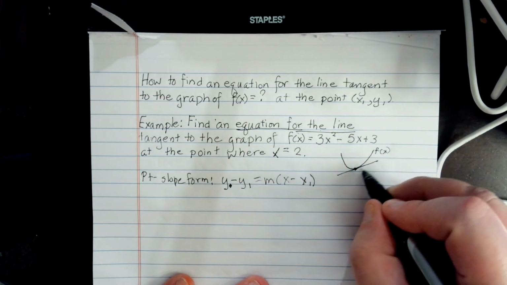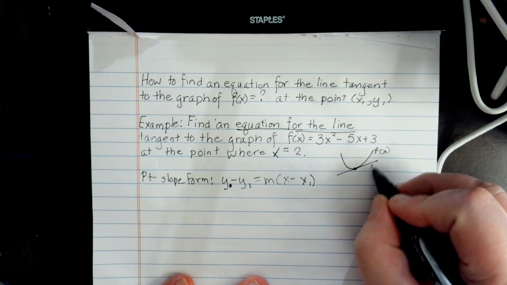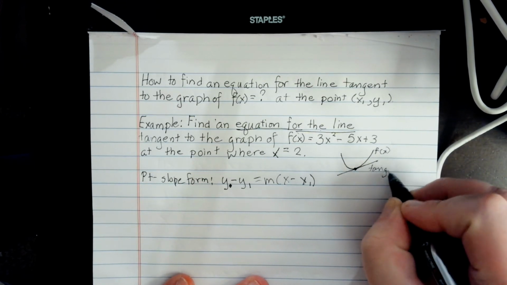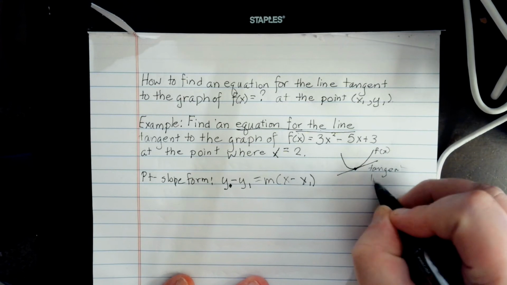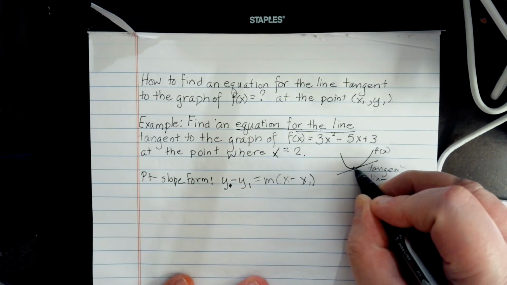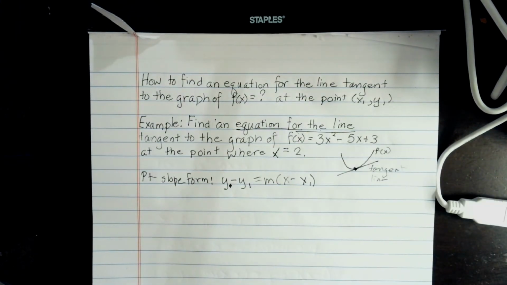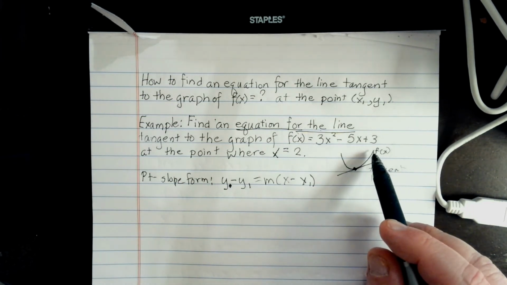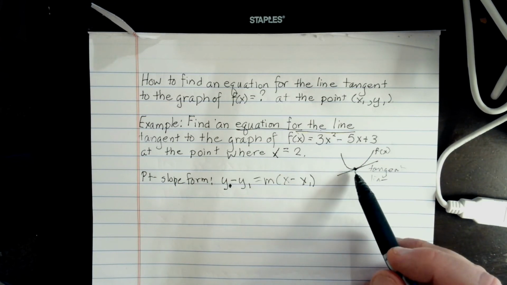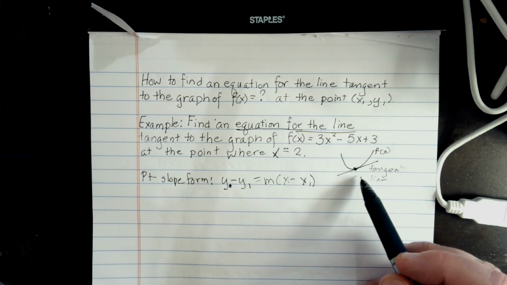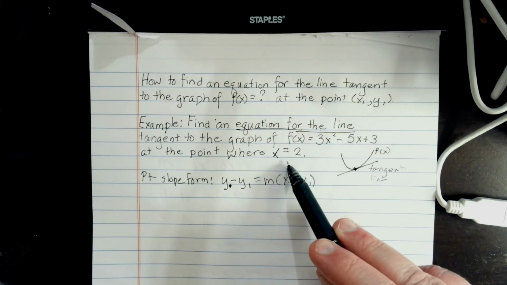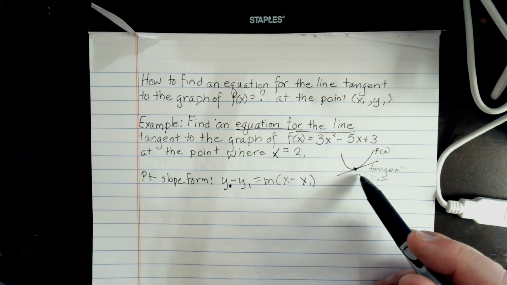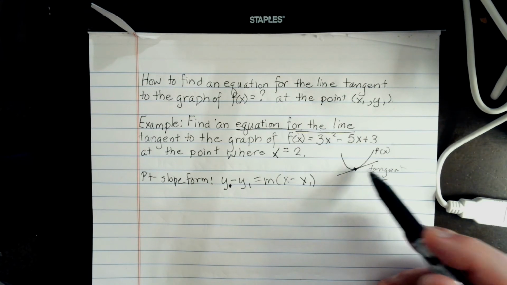You'll have a graph f of x, and then here is the tangent line at this point. This tangent line and the function share a point. They may share more than one point, but in our case, I've told you that the x-coordinate of the point we're interested in is 2.